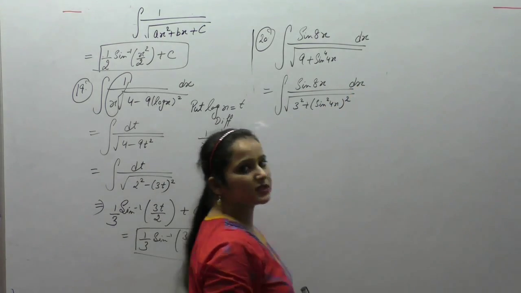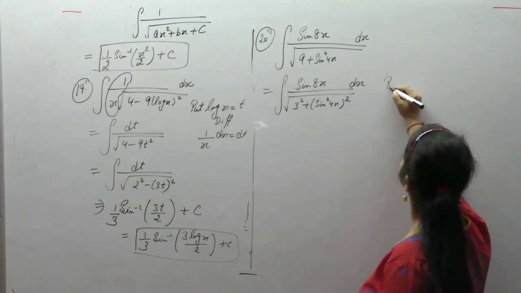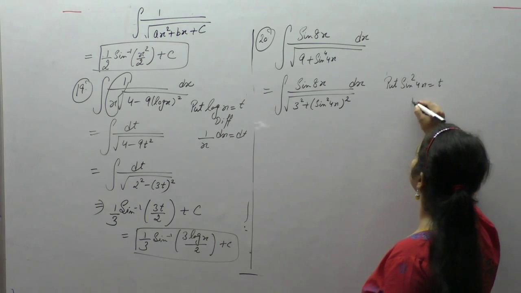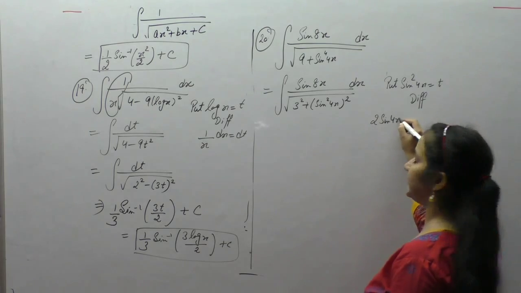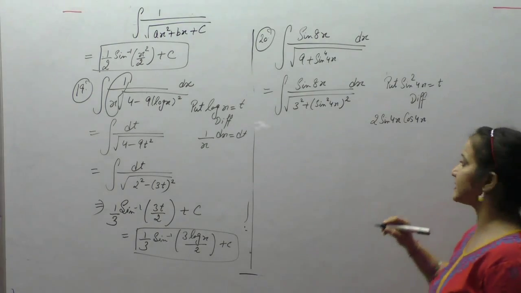Now put sin square 4x as t. Differentiate: derivative of sin square is 2 sin, and derivative of sin is cos, and derivative of 4x is 4.